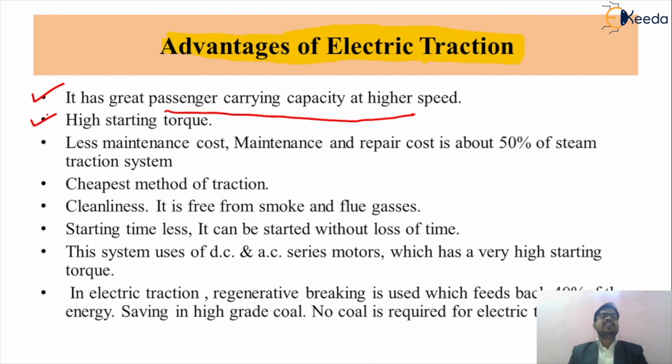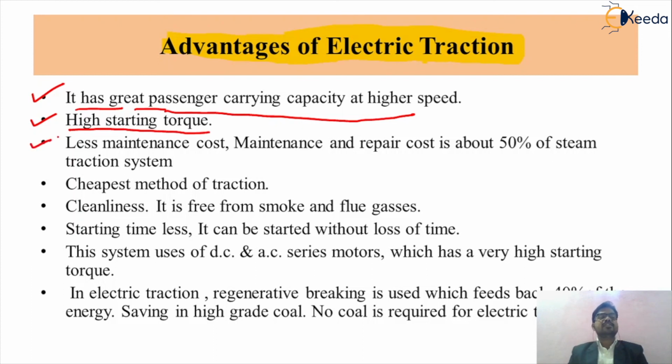Then the second advantage of the electric traction system is that it has a high starting torque, because we are using different types of motors, and according to its construction this motor possesses a good starting torque. So this is the second advantage, high starting torque.